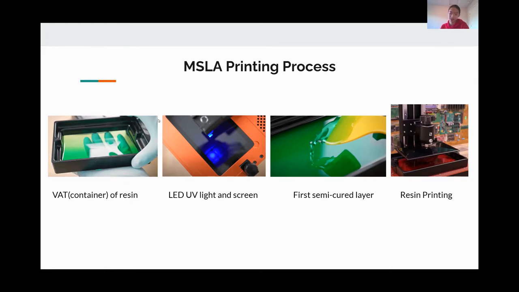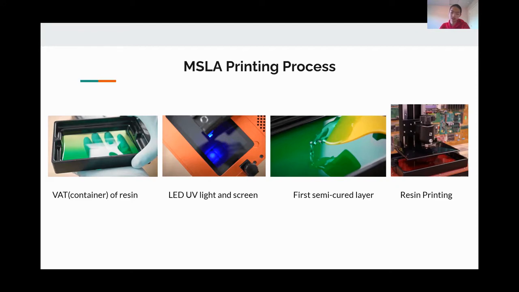So, how the MSLA printing process works is first you have this vat or container of resin with a clear screen at the bottom, which allows UV light through. Then you put this on top of an LED UV light screen, and it has a masking screen that masks off the parts you don't want to cure.